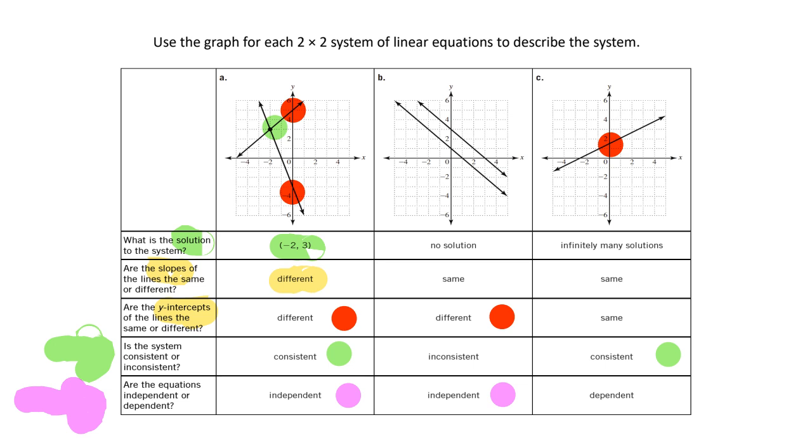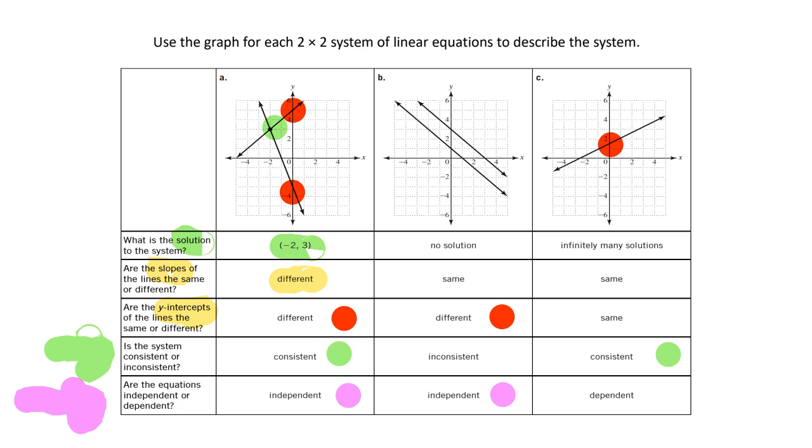Now, I'm going to let you know that graphing is normally the longest way, and it's not the most accurate way to get a solution. But we still have to graph them, and we have to figure out the intersection of the lines. That's my solution.